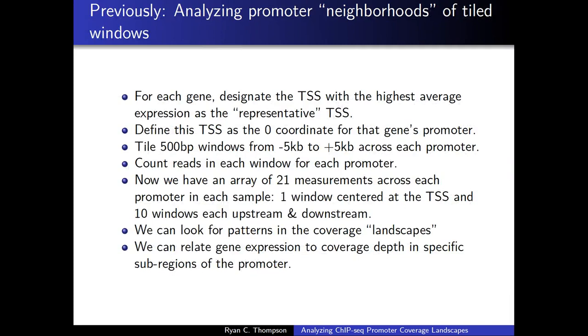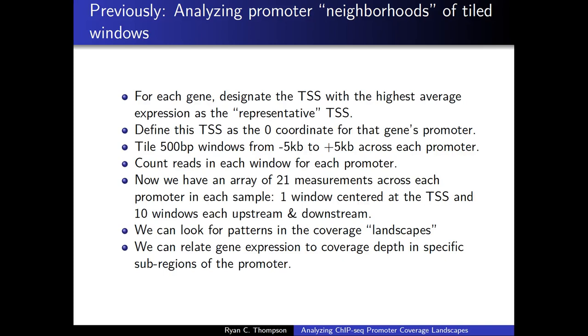So what I presented at the previous lab meeting, back in, I think, June or July, I forget, was the idea of analyzing the neighborhood of each promoter by tiling windows across that promoter. For each gene, I looked at the expression of all the different isoforms grouped by which transcription start site they used, and I picked the TSS where the total of all the isoforms for that TSS was the highest.